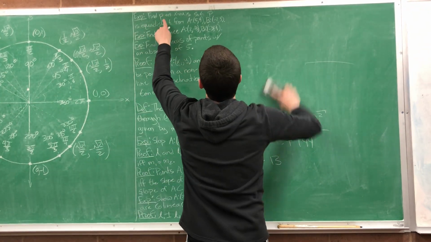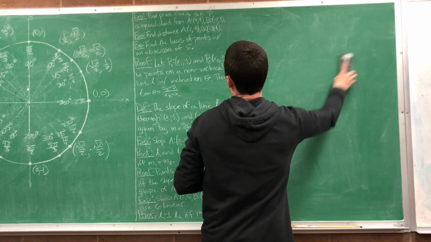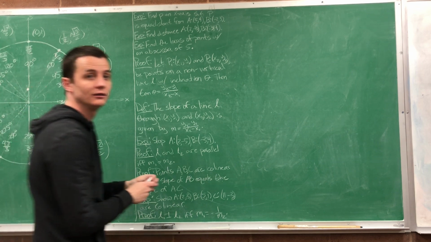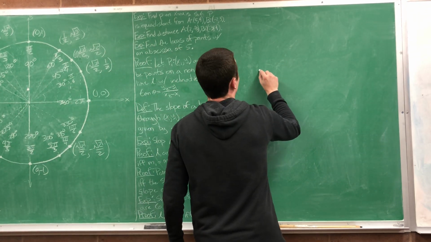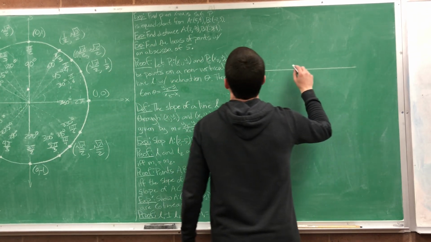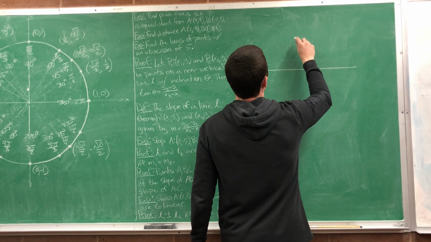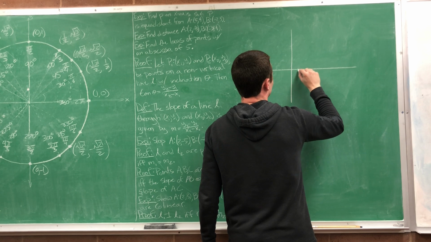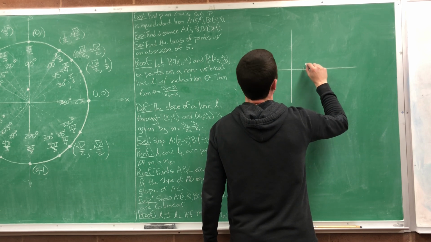Next one. Find P on the x-axis such that P is equidistant from A and B. Alright, so draw our picture here. Try and be a little bit more careful about this one because it might matter a little bit more. How far over am I going to have to go?